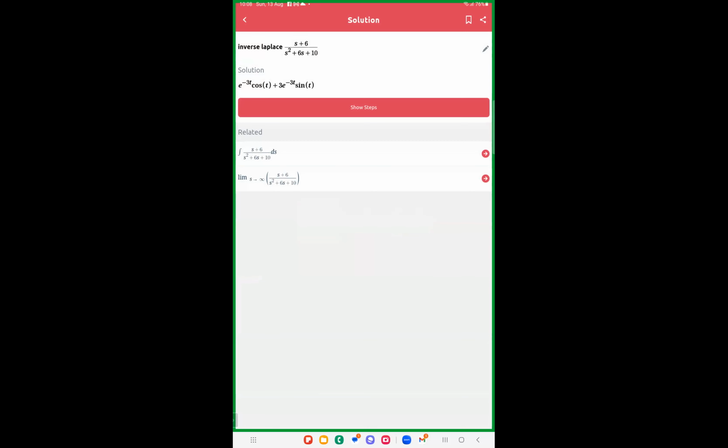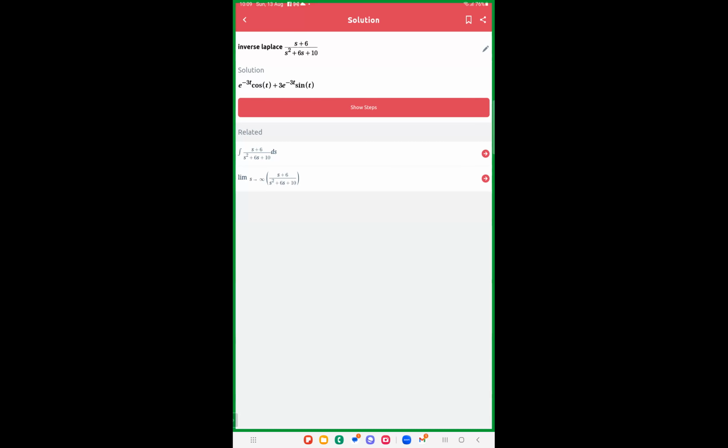So, in other words, the inverse Laplace transform of this is exactly that one. Just take note of that. The inverse Laplace transform of this is exactly that one.